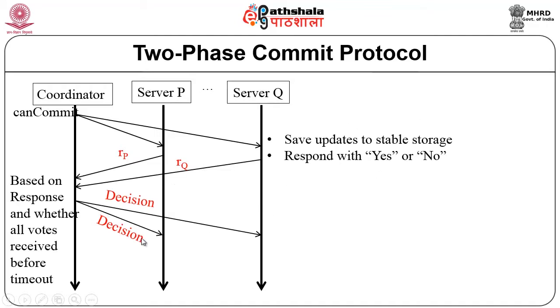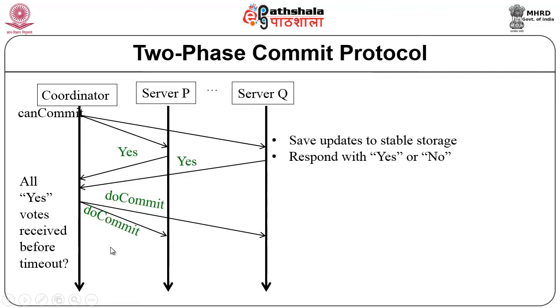The decision of the coordinator will depend on whether the responses are yes or no. Only after all the votes have been received, so all responses must reach the coordinator, can the coordinator take a decision, or otherwise a timeout can happen.